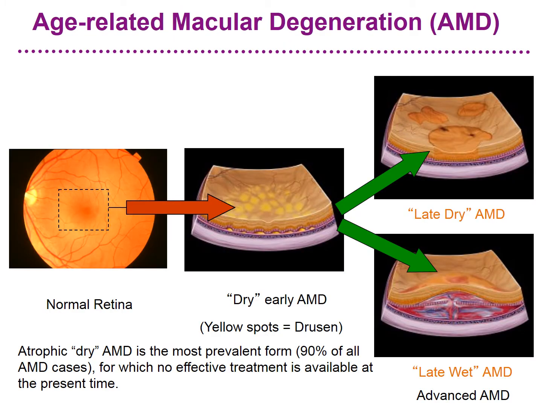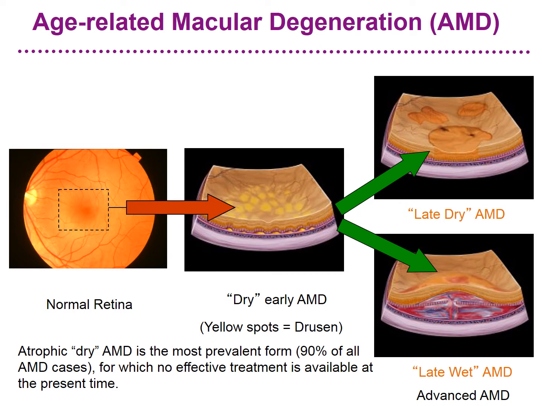Age-related macular degeneration actually has two different forms, the dry or early AMD or the late wet AMD. The atrophic dry AMD is the most prevalent form, 90% of all AMD cases, for which no effective treatment is available at the present time.